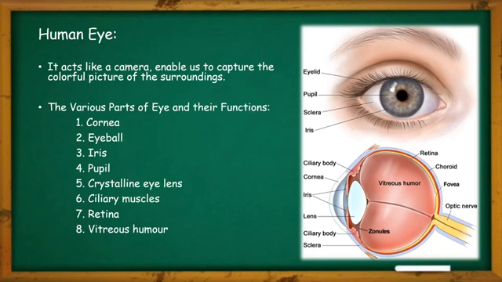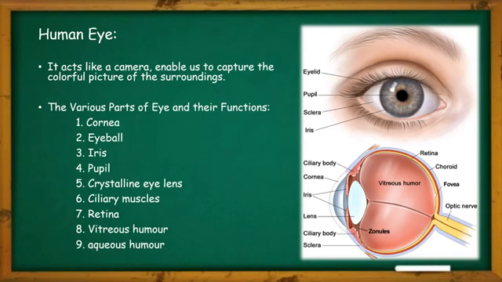Next is vitreous humor. Vitreous humor is a clear jelly that fills the space between the lens and the retina of our eyeball. And next is aqueous humor. Aqueous humor is just a transparent watery fluid very much similar to plasma.